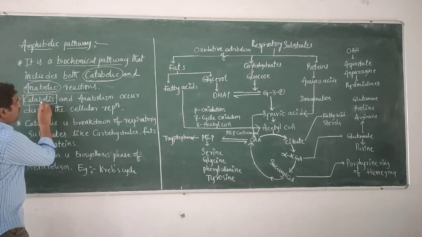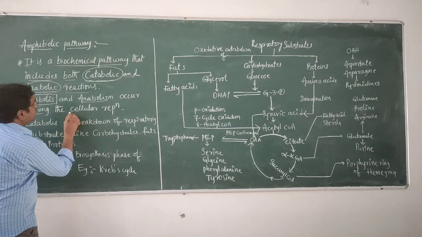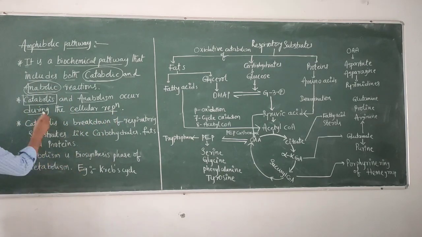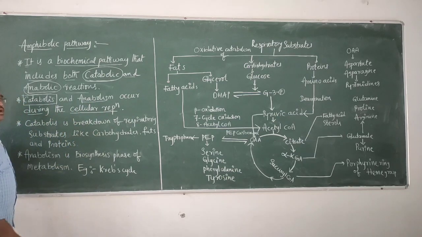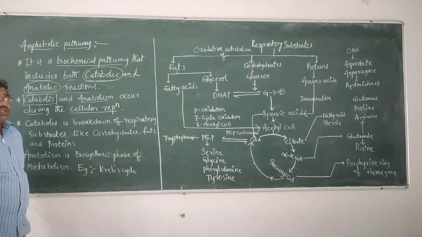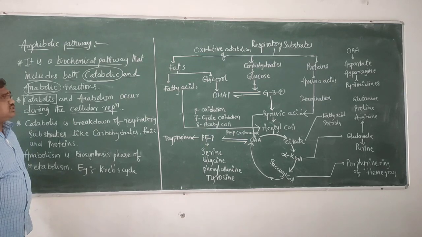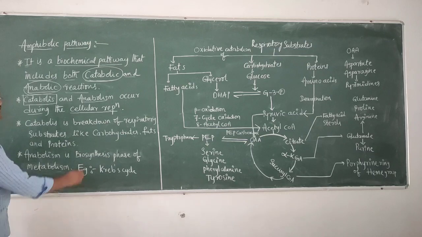Catabolism and anabolism occur during cellular respiration. During cellular respiration, the respiratory substrates are oxidized into simpler compounds.